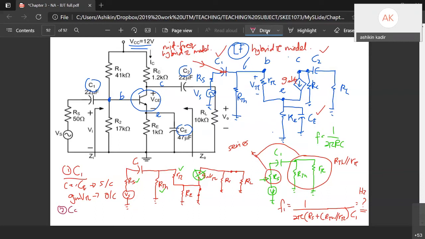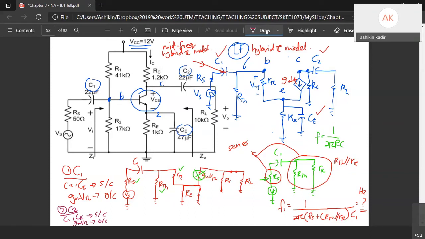When you want to analyze C2, you put C1 and CE as short circuit, gmVπ as open circuit. So you need to redraw from the blue circuit over here and simplify it to get the frequency caused by C2.